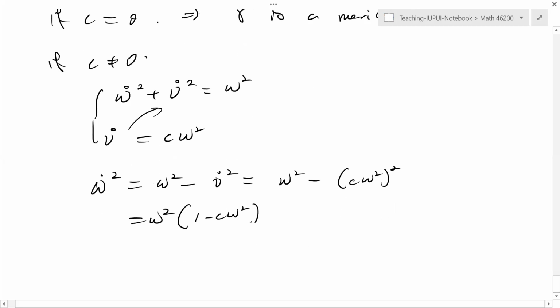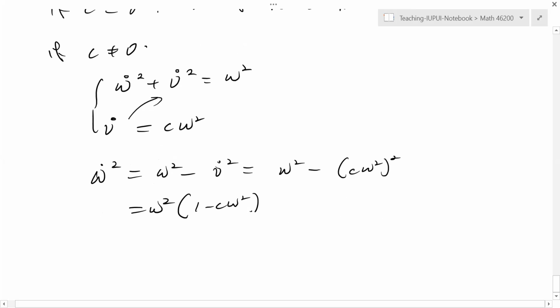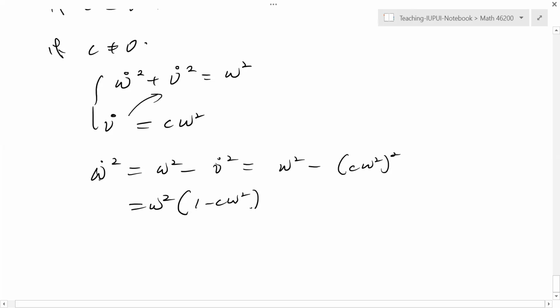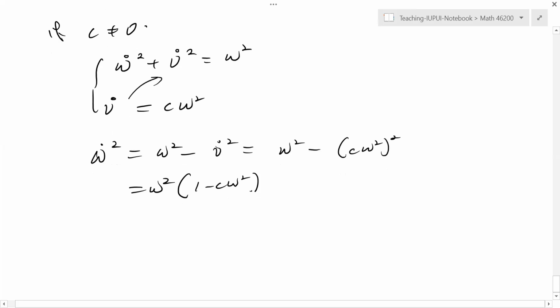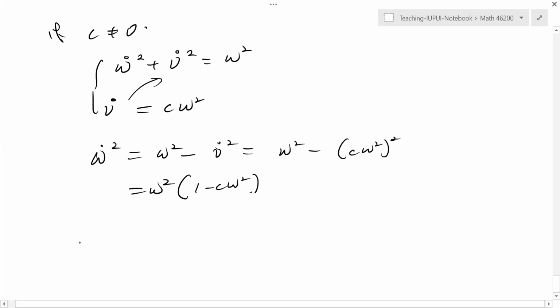So you get an ODE, and then you can derive an equation. I'm not going to find the solution for W. What I'm trying to find is the equation dV over dW, that is V dot over W dot.